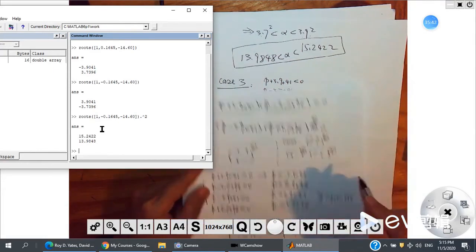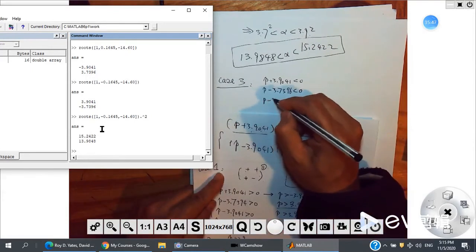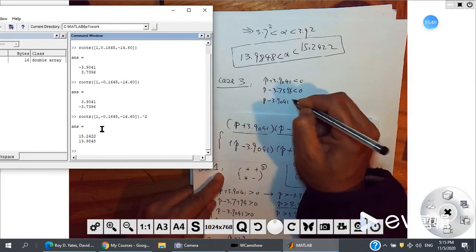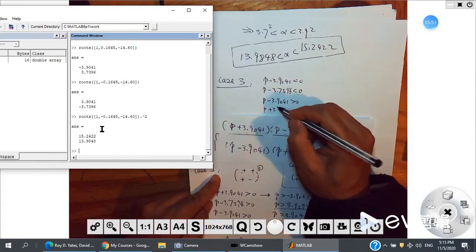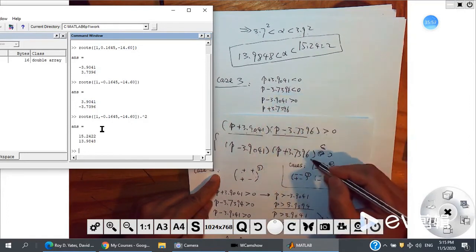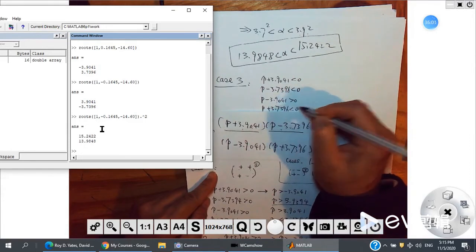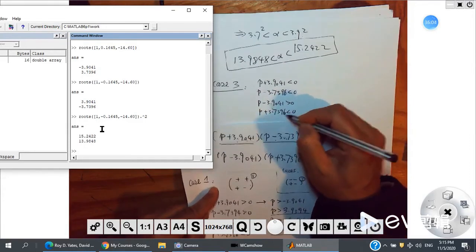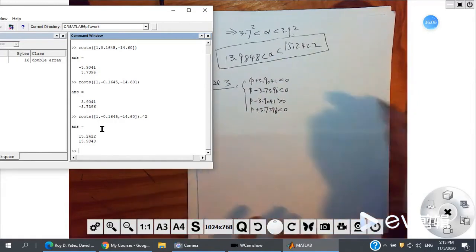And then positive and negative: P minus 3.9041 is positive, and P plus 3.7396 will be negative. Okay, we have these four.